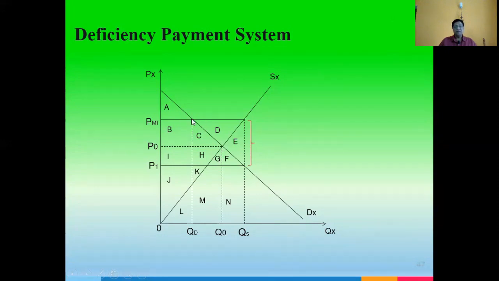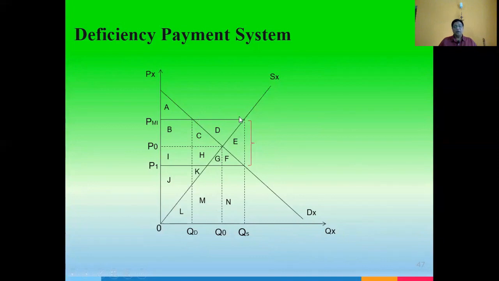As a result, quantity demanded of this commodity declines from Q0 to QD, and quantity supplied of this product increases from Q0 to QS. As a result, now there is an excess supply in the market.